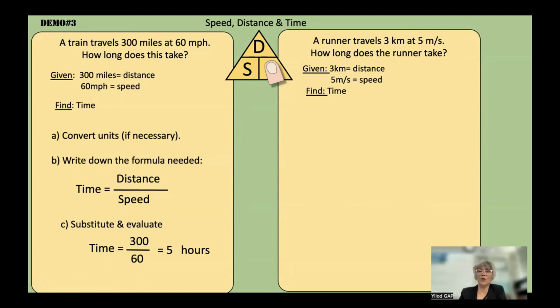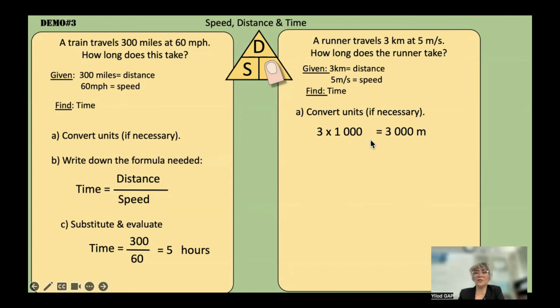Okay, we're looking for time in here and we need to convert the units for the kilometers. So you have 3 times 1,000 because there are 1,000 meters in 1 kilometer. Therefore, your 3 kilometers is equivalent to 3,000 meters, okay?